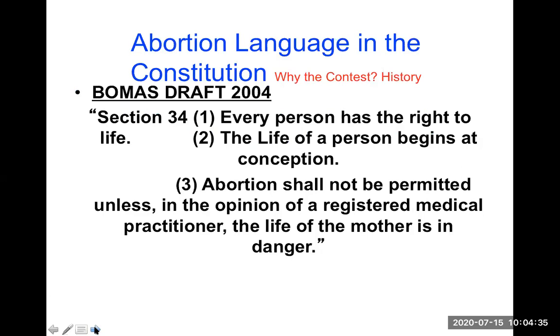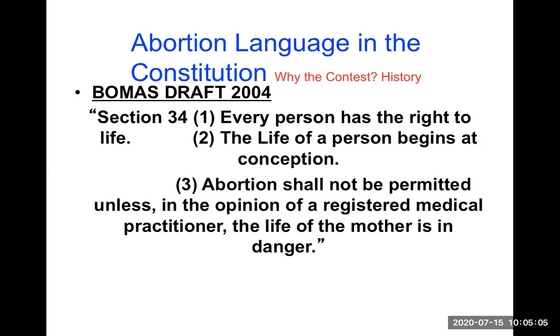The provisions of the Constitution evolved over years. In 2004, you remember, it is the same year when Nyamu caused problems there. We had the Bomas draft. The Bomas draft had Section 34, in which we had every person has the right to life.